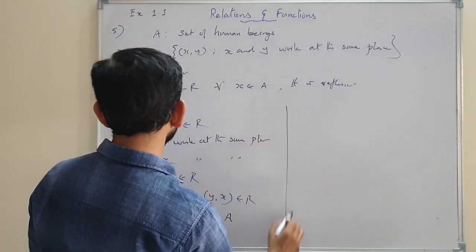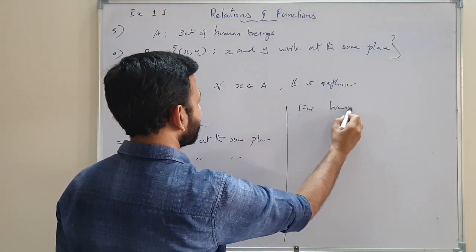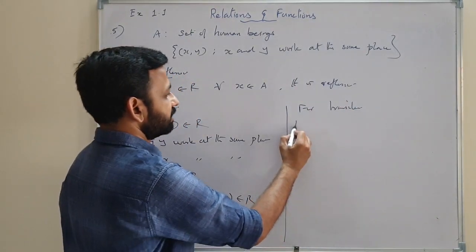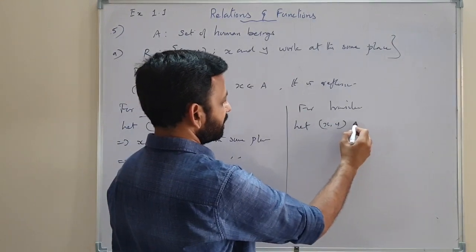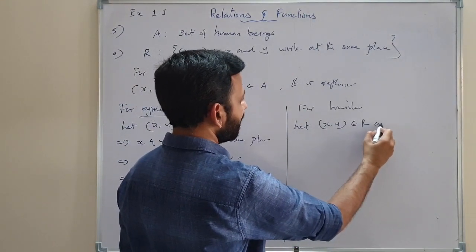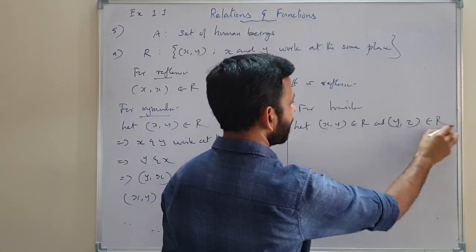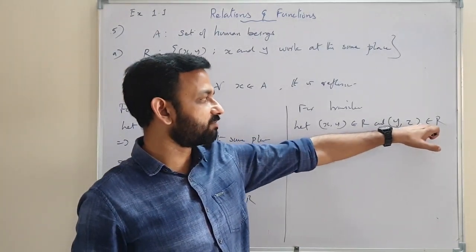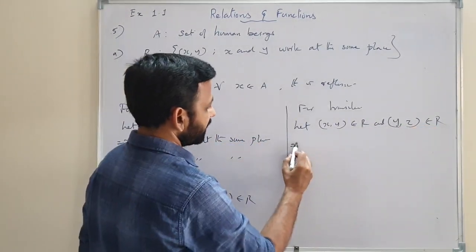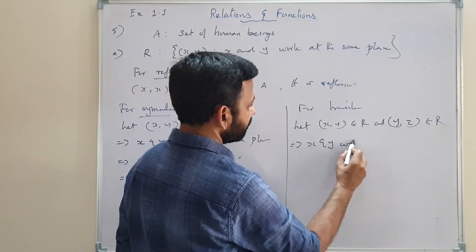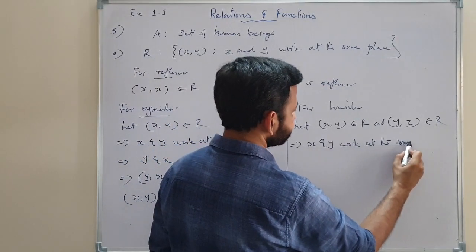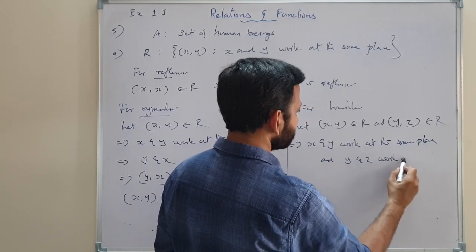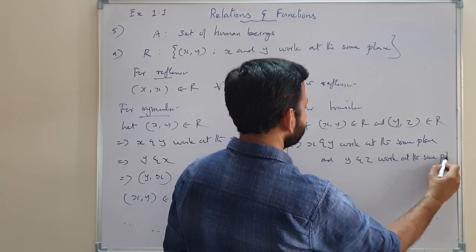And similarly, for transitive, we can take three persons x, y, z. Then let (x, y) belongs to R and (y, z) belongs to R. That means x and y work at the same place, and y and z work at the same place.